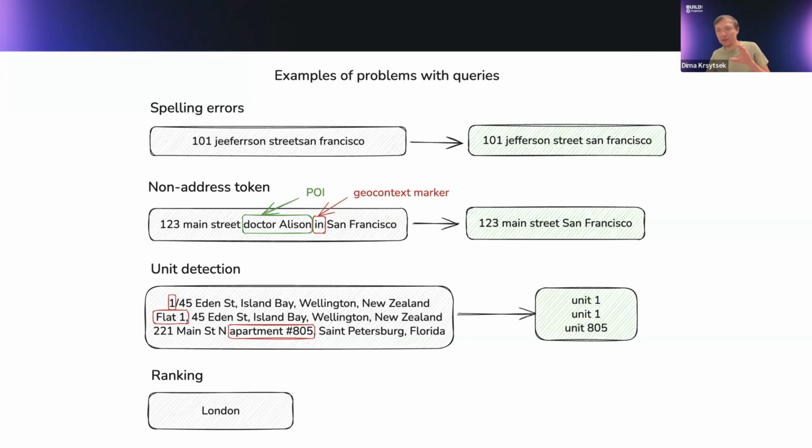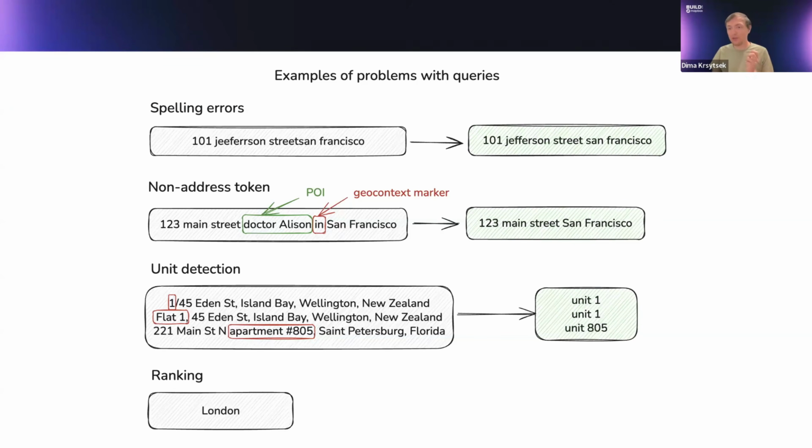Like we see in this example, people can type 1/45, or can type flat 1, or in the US, we can type apartment #105. There are a lot of examples in different countries, and people are really creative, and they can provide even more different ways to type units. And we want to find that information and provide the right address that the user is trying to search.